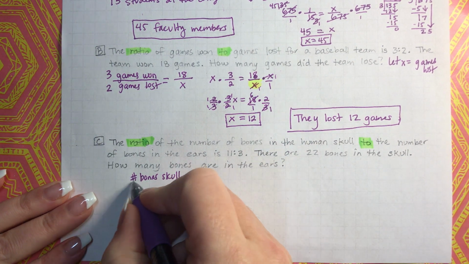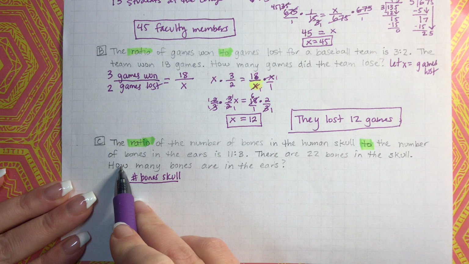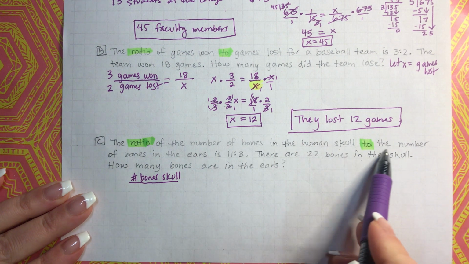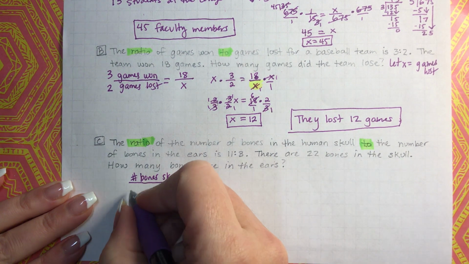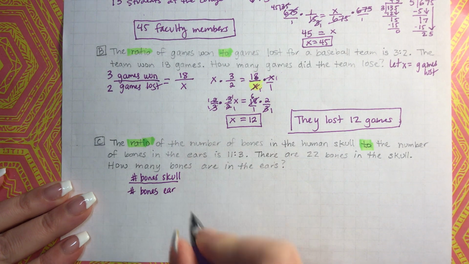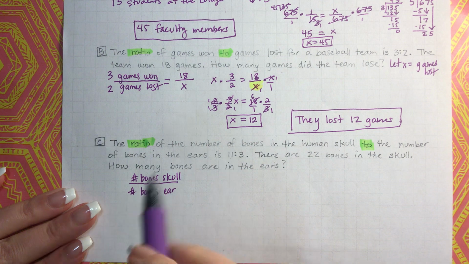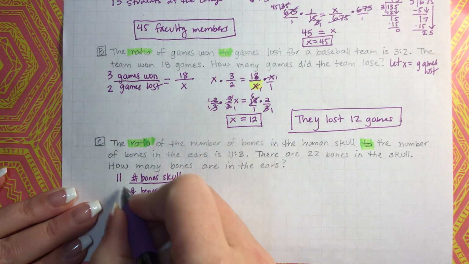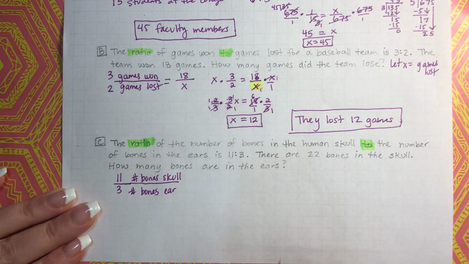Number of bones in skull over the number that after, to the right of the word 2 is the number of bones in the ear. So number of bones in ear is 11 to 3. So 11 goes on top and 3 goes on the bottom, right?